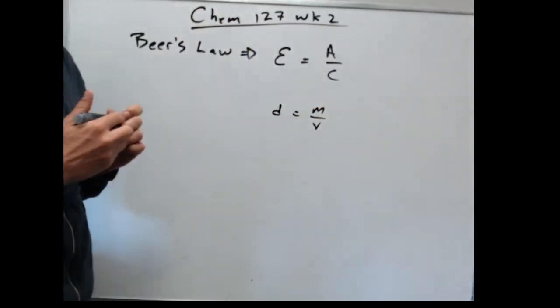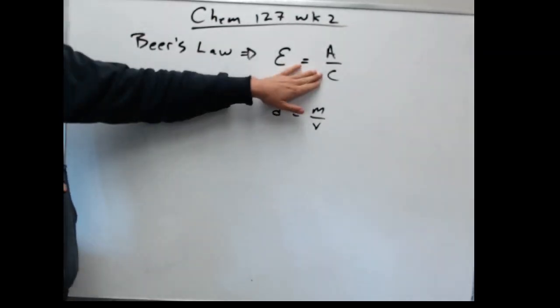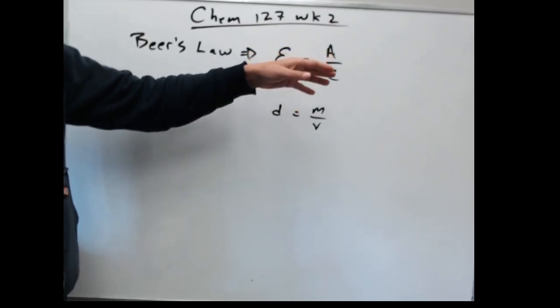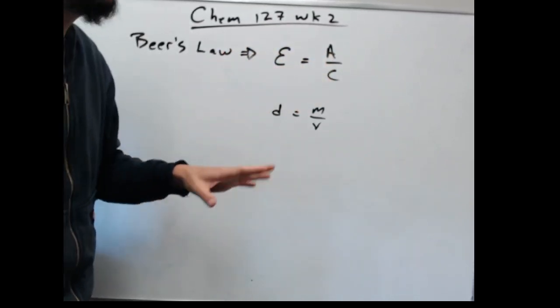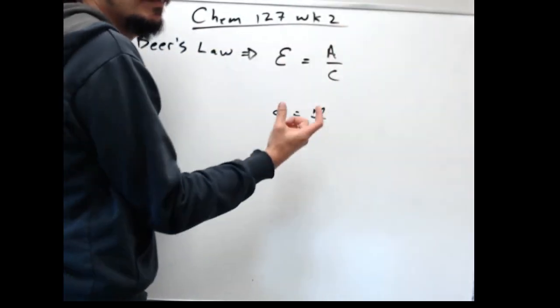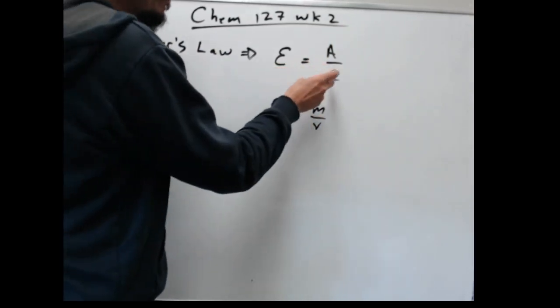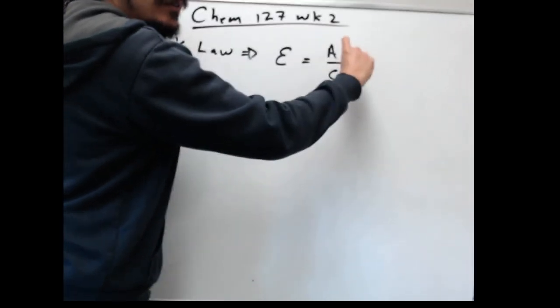One of the big mistakes that students make is they think, oh, if you cut concentration in half, then epsilon would cut in half. But that's not actually true, because epsilon is the ratio of absorption to concentration. It's supposed to be a constant. So what happens if concentration goes down, absorption also goes down to keep the ratio the same.